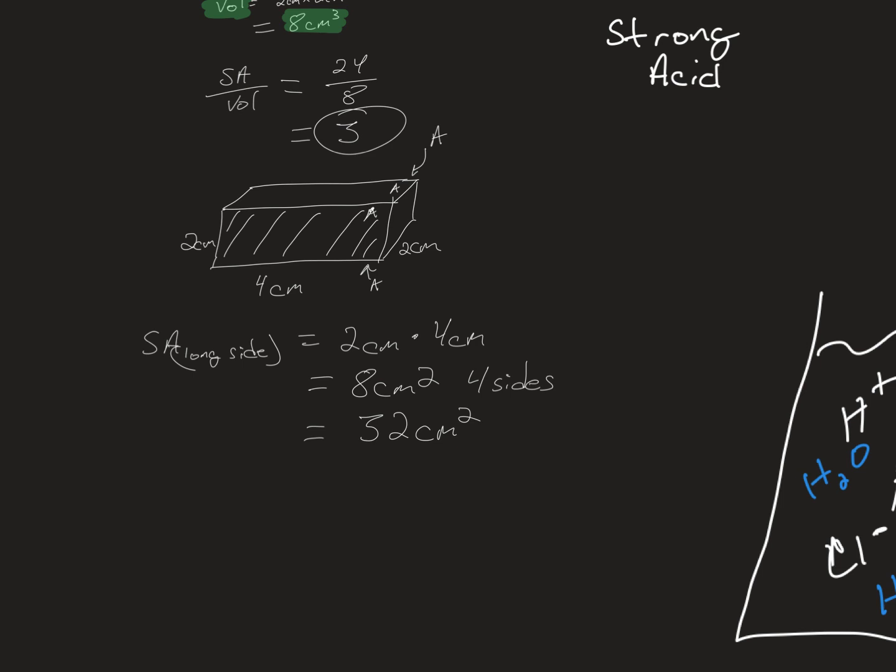I need the other 2 sides. And those 2 sides are over here. There's one. The other one is over here. So this is side B. Side B, there's 2 of them. They're 2 by 2. So the surface area of the short sides is equal to 2 centimeters times 2 centimeters, which equals 4 centimeters squared.